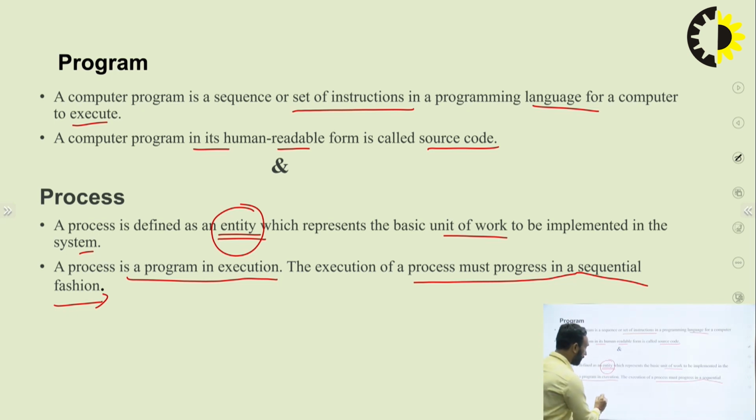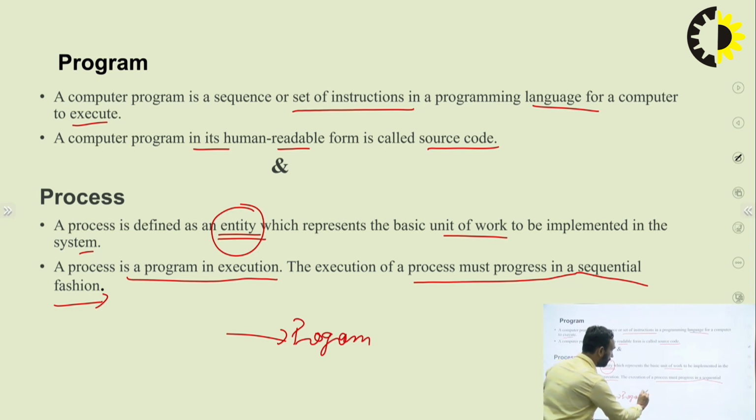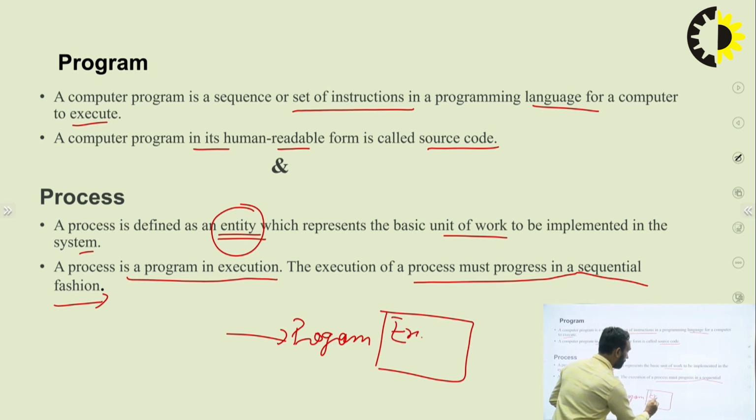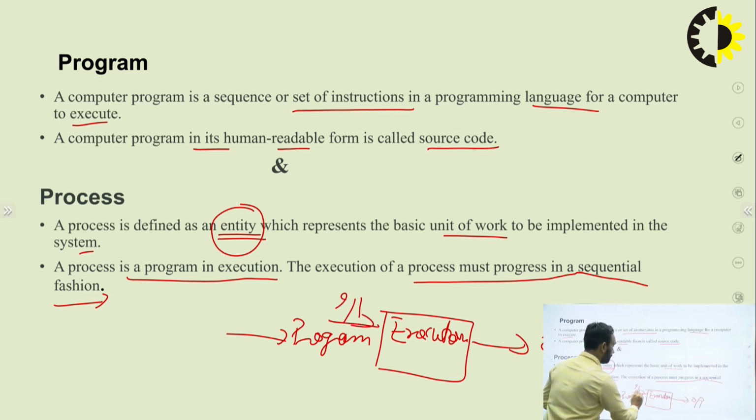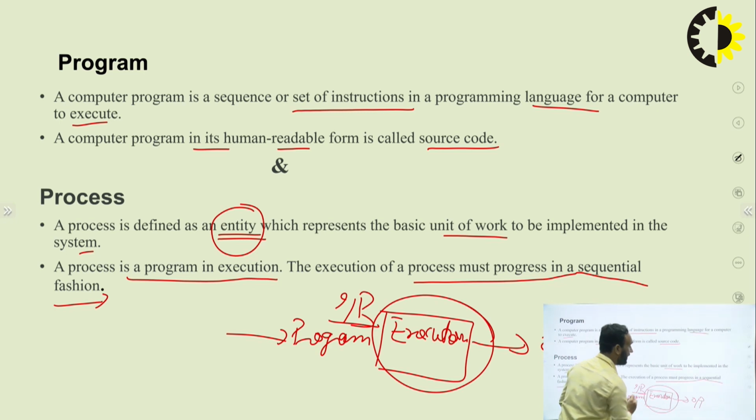When we give a program for execution, when we input a program, during the execution phase there are a number of different states that the program goes through. These different states represent the status of the process at the current moment.